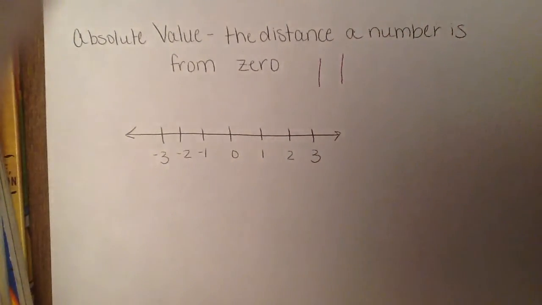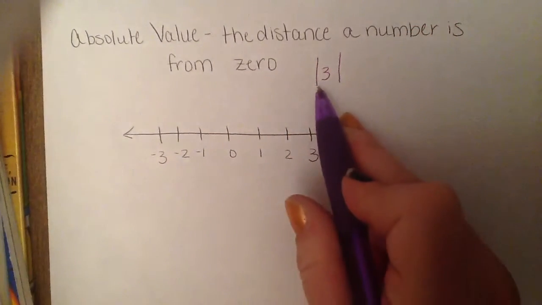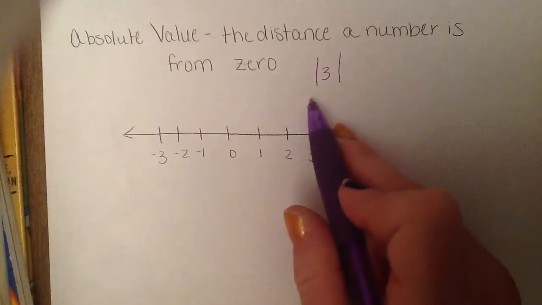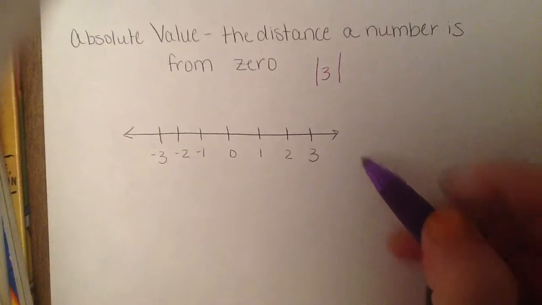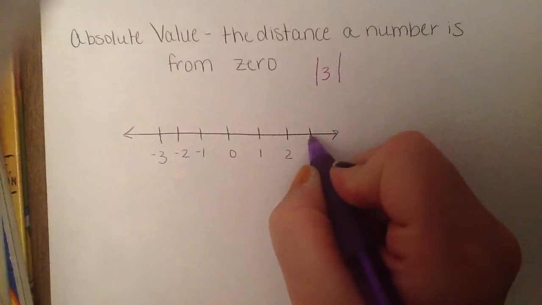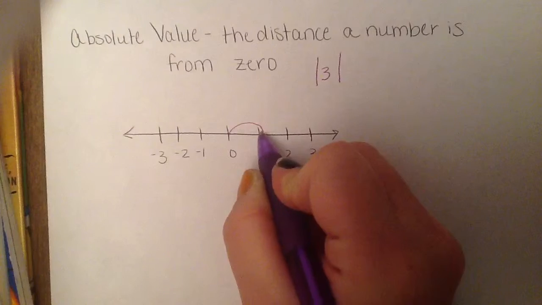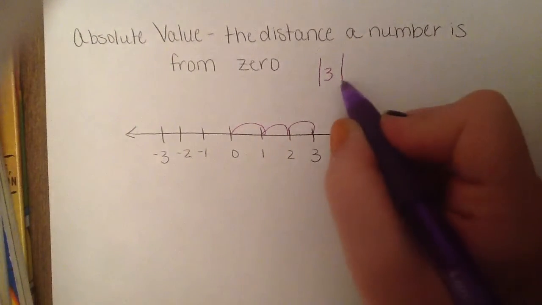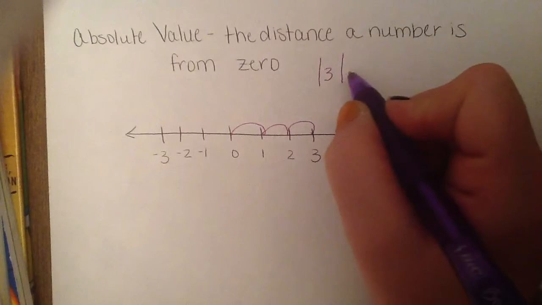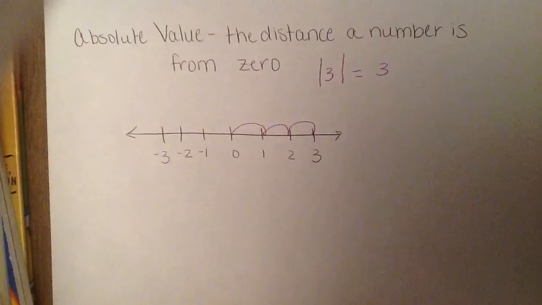So if I had a number in here, this would be saying what is the absolute value of 3? Or how many spaces is 3 from 0? So let's look at the number 3. How many spaces? 1, 2, 3. The absolute value, or the distance from 0 that 3 is, is just 3.